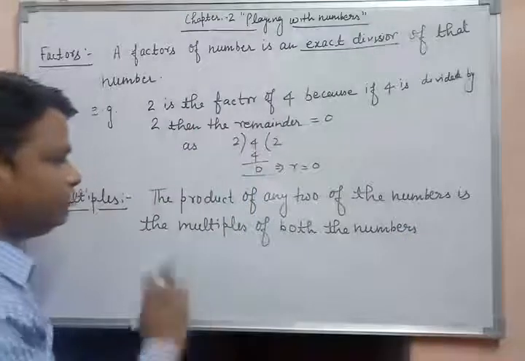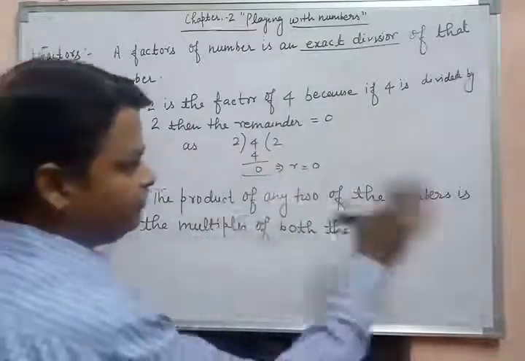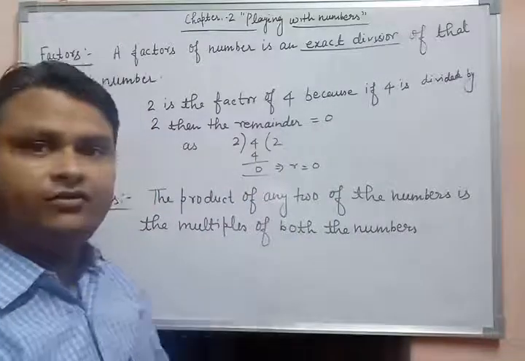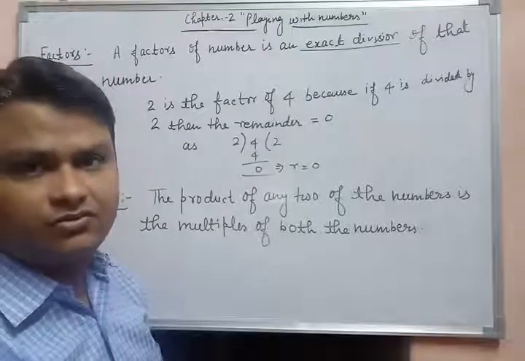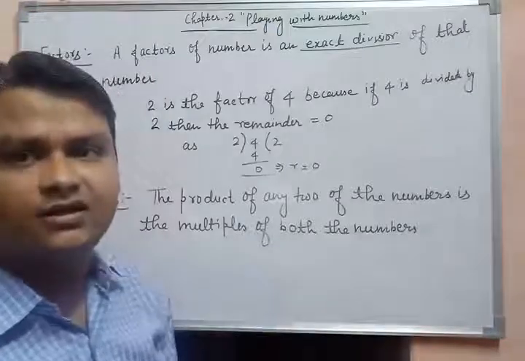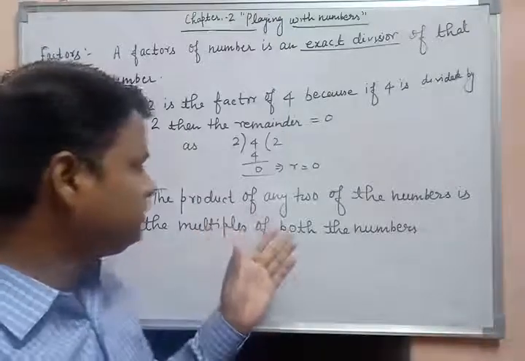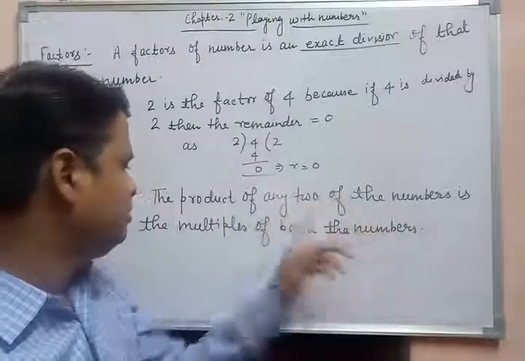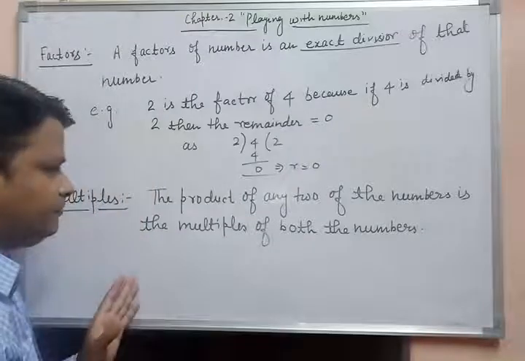Okay students, so this is the definition of multiples. The product of any two numbers. Product means, you are familiar that if we multiply two numbers, then we will get the result, and this result is known as the product. So if we multiply two numbers, then the product is the multiple of both the numbers. Okay, so this is the definition of multiples.